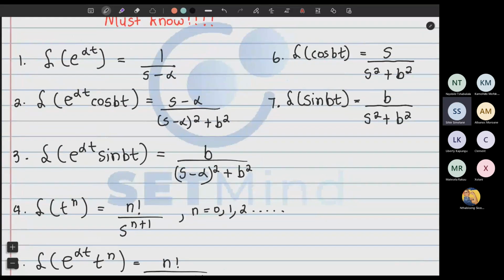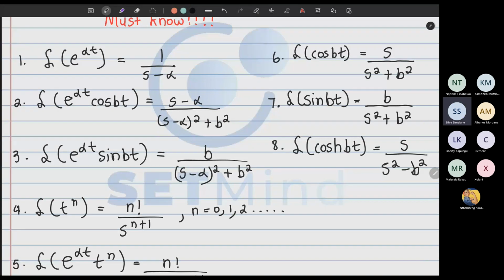And then 8, the Laplace transform of hyperbolic cosine of bt is s over s squared minus b squared.